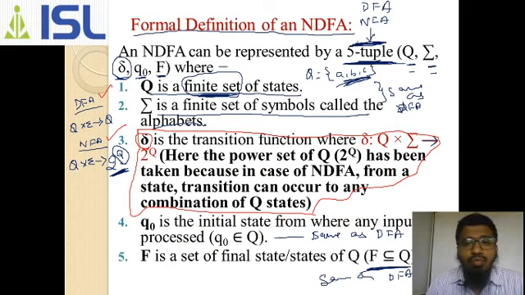The formal definition of NFA is a five tuple: Q, sigma, delta, q naught, and F. Q is a finite set of states, and sigma is a finite set of symbols called the alphabet. Here delta maps to 2 to the power of Q, because however many states there are in Q, that many possibilities will be there.